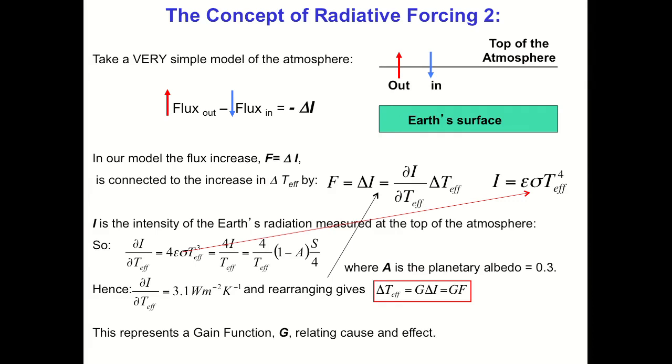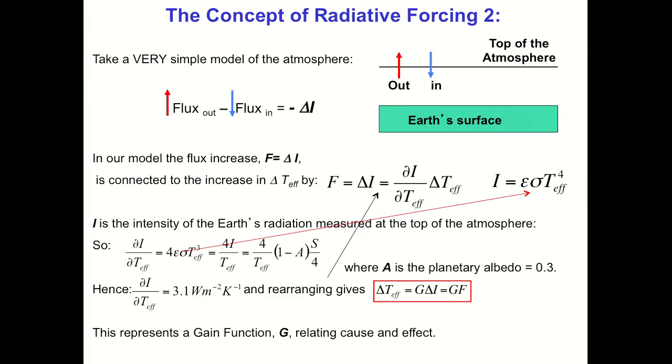Now we want to rearrange this equation for delta Tf. Well, it's simply going to be 1 over dI/dT times delta I. And we're going to rewrite 1 over dI/dT as this function here, g. Of course, delta I is just the same as F up there, so effectively our equation is g delta I, or gF.